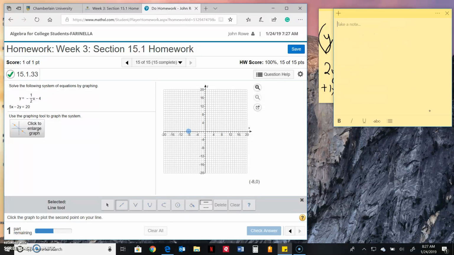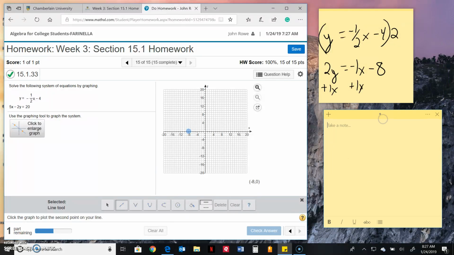Now, let's solve for our y-intercept. 1x plus 2y equals negative 8. If we set x to 0, we'll get rid of this. 2y is going to be equal to negative 8.